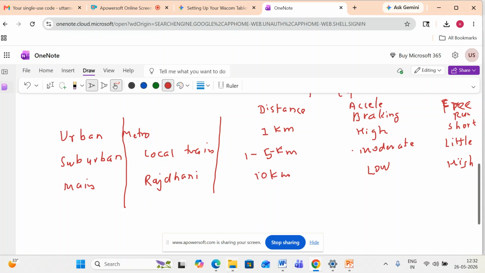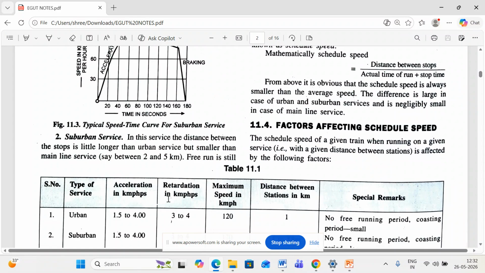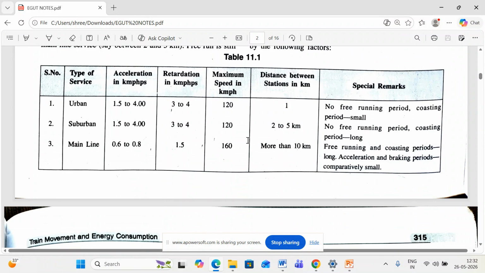So here it is given, typically, the difference between the urban, suburban, and main service lines in terms of acceleration and retardation. It is very high in the case of urban, whereas it is low in the case of main service lines.